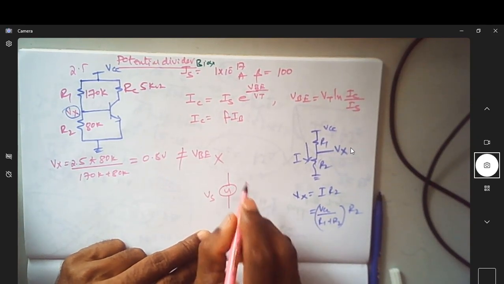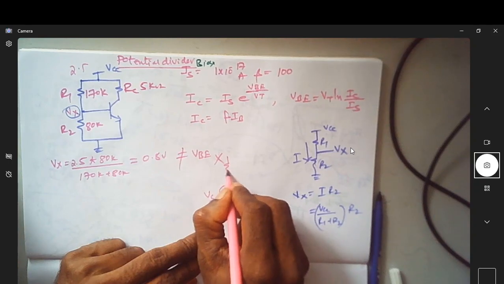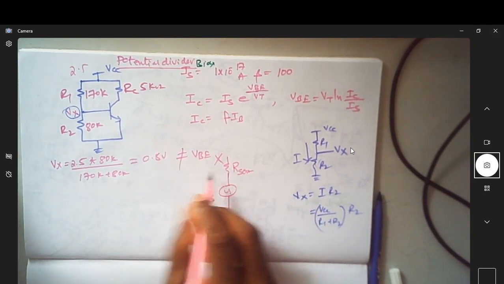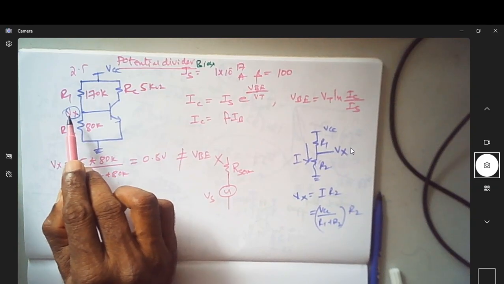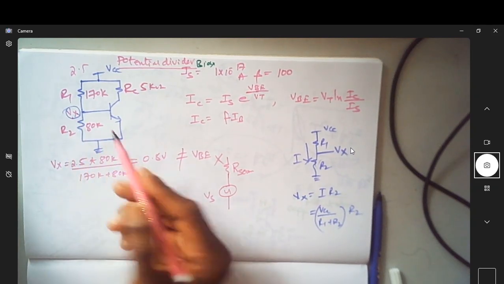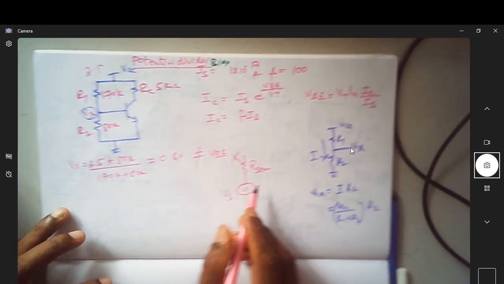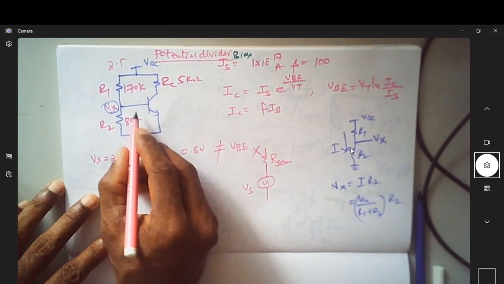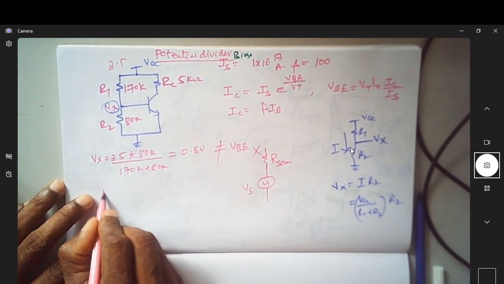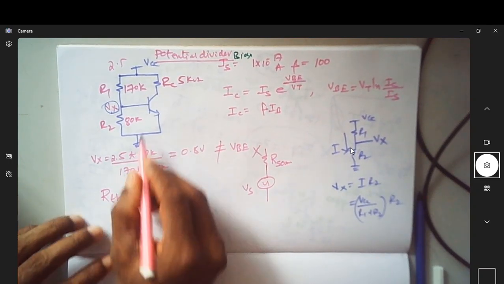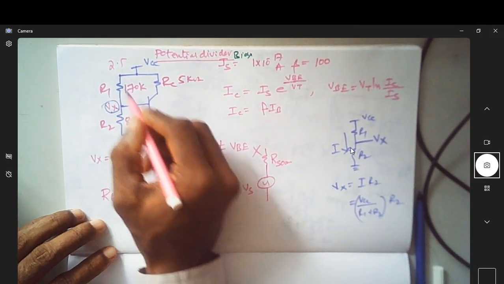It can be DC, it can be AC. It will also have an associated source resistance. Likewise, this potential Vx also has a resistance associated with that source, which is nothing but R Thevenin. So there is an R Thevenin and a V Thevenin associated with this potential divider.